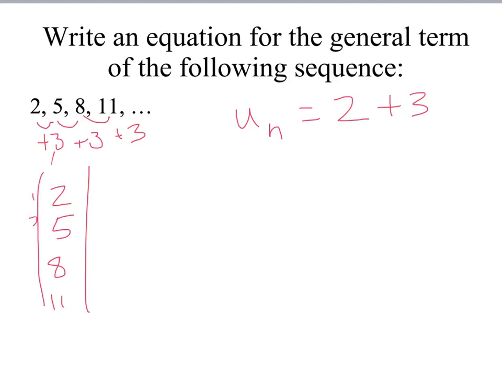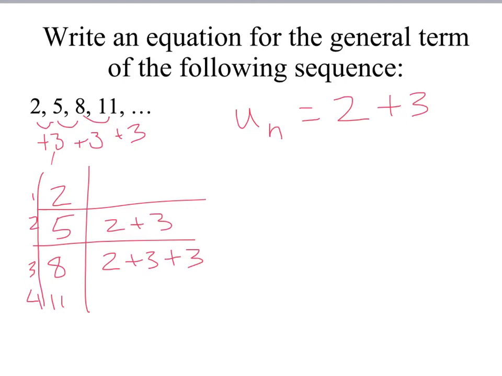So 1, 2, 3, 4. When I look at the second position, this is 2 plus 3. When I look at the third position, it's 2 plus 3 for the 5 and plus another 3 for the 8. Fourth position, 2 plus 3 for the 8 plus another 3 to get the 11.